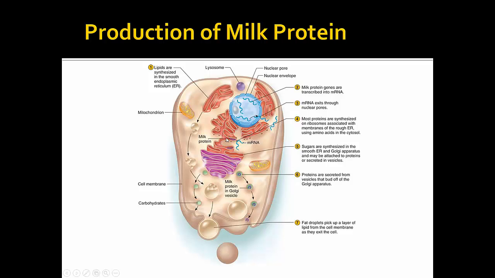The proteins travel through the endoplasmic reticulum, and they end up going into the Golgi apparatus, and then the Golgi apparatus secretes a vesicle, which allows the protein to leave the cell. At the same time, the lipids are synthesized in the smooth endoplasmic reticulum, and they are also released outside the cell with the protein that is produced.